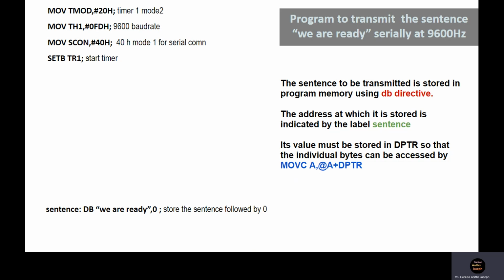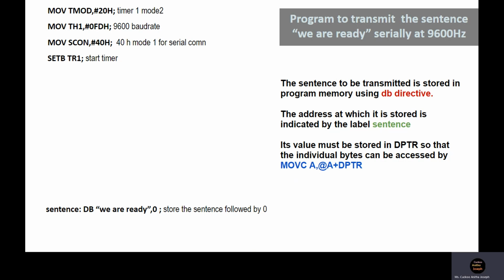A program memory address will take the place of the label sentence, and at that address, say 3000H, the ASCII code of small letter w will be stored. At the next memory location, that is 3001, the ASCII code of small letter e will be stored. At the next memory location, the ASCII code of space will be stored, and so on.